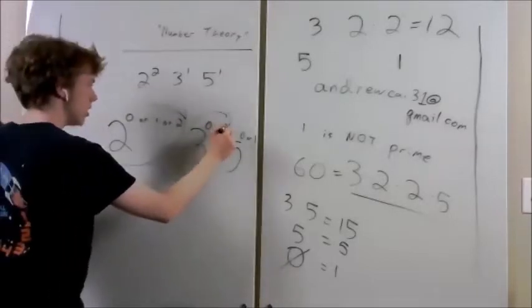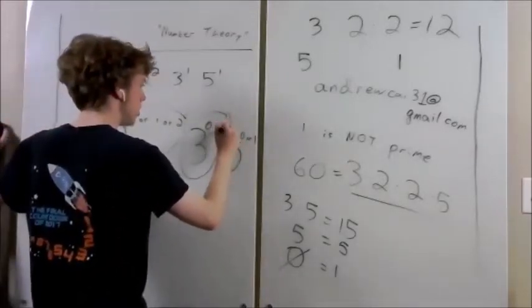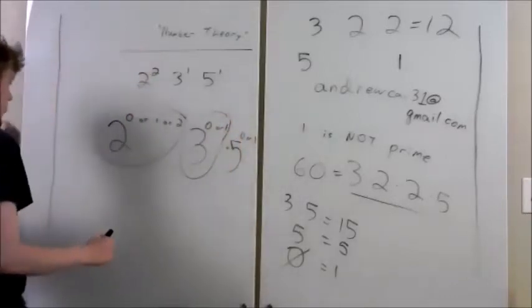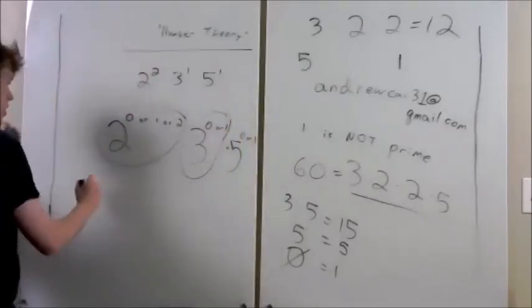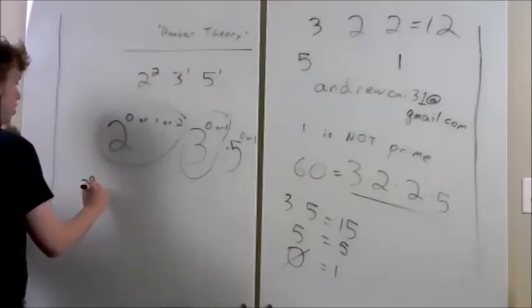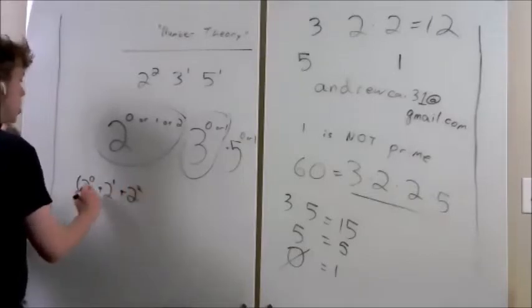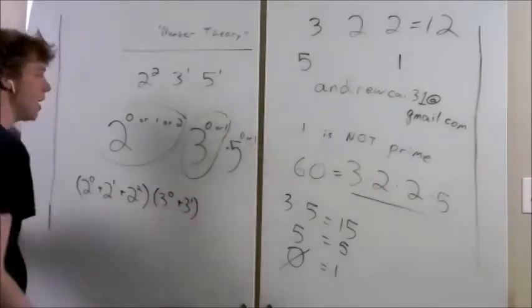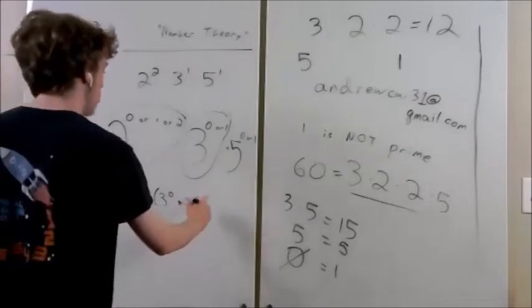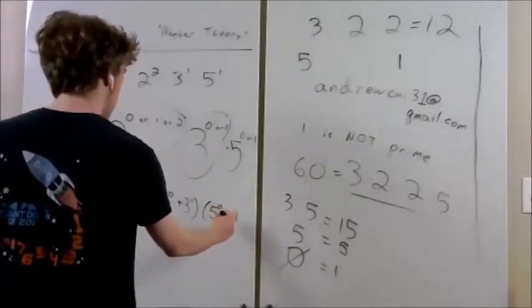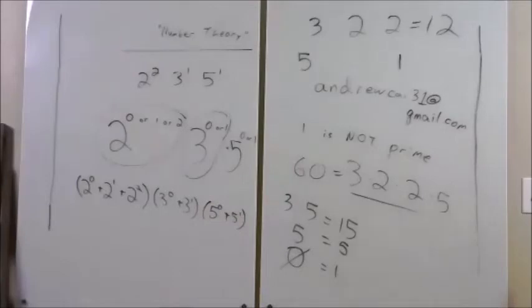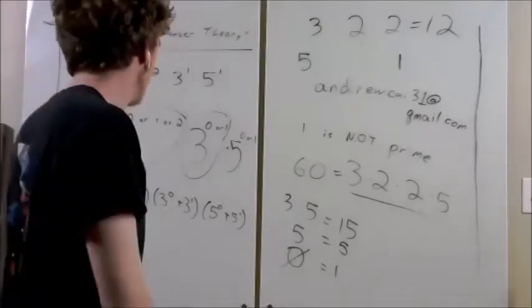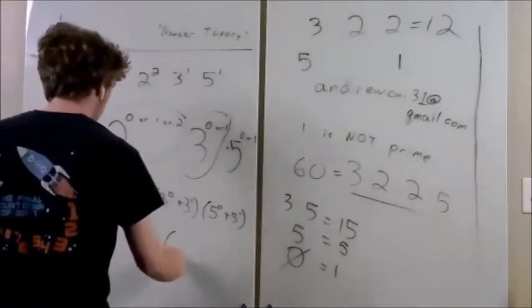So basically, the sum of the divisors of 60 would just be 2 to the 0 plus 2 to the 1 plus 2 to the 2, multiplied by 3 to the 0 plus 3 to the 1, multiplied by 5 to the 0 plus 5 to the 1. And then you can just evaluate this. It's just 7 times 4 times 6.